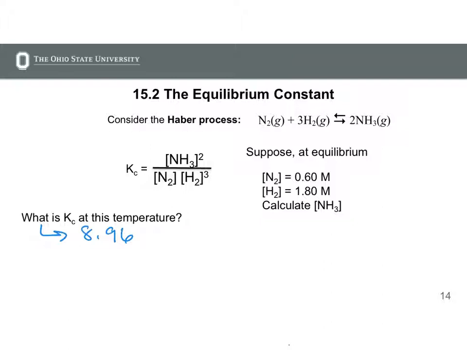Maybe we started with different concentrations of reactants, and we end up with, at equilibrium, N2 is 0.6 moles per liter, H2 is 1.8 moles per liter. Let's calculate the concentration of ammonia. I'll let you guys do that. So you can use this K sub C value because it's from the same temperature. But calculate the concentration of ammonia. And feel free to talk to your neighbors. Go ahead.